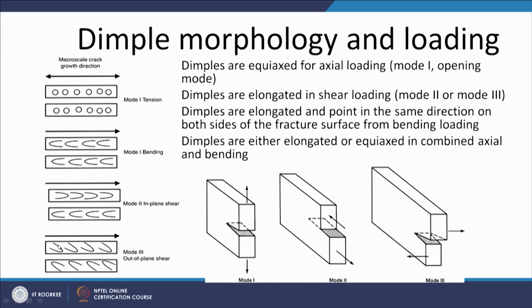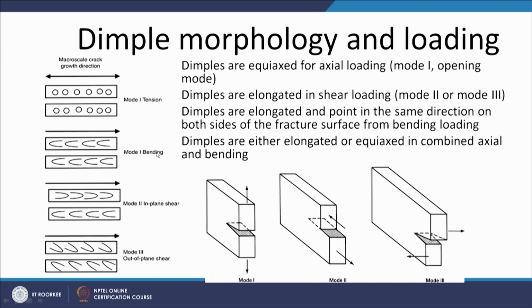So, here this is the direction in which fracture has taken place, but with respect to the shear load, the dimples are inclined because this is the out of plane shear.